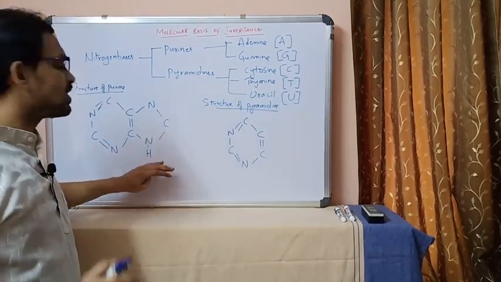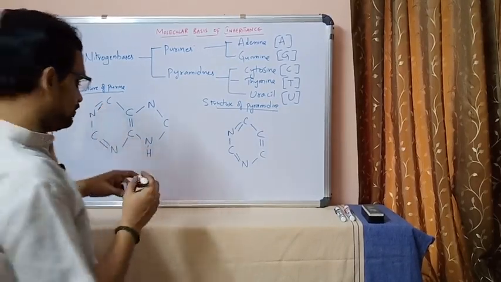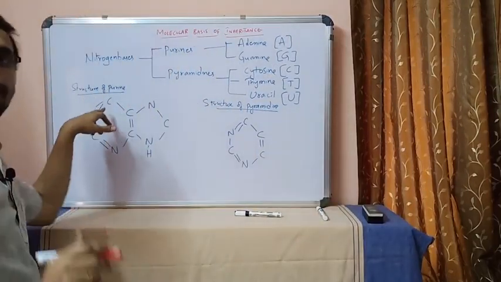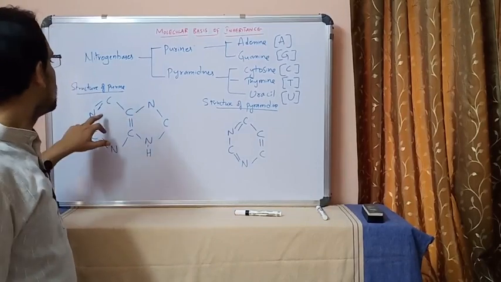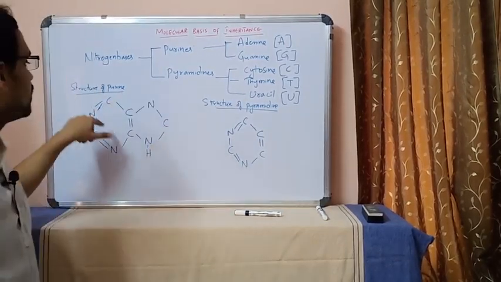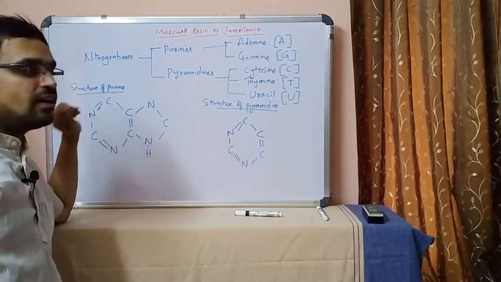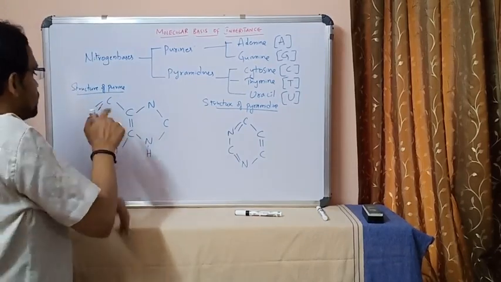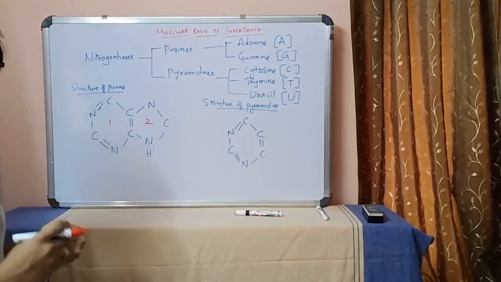First we are going to discuss the structure of purine in detail. Purines are dicyclic and heterocyclic. What is dicyclic? Purines have mainly two rings. Can you observe? This is the first ring, this is the second ring. How many rings are present in the purine? Two rings.